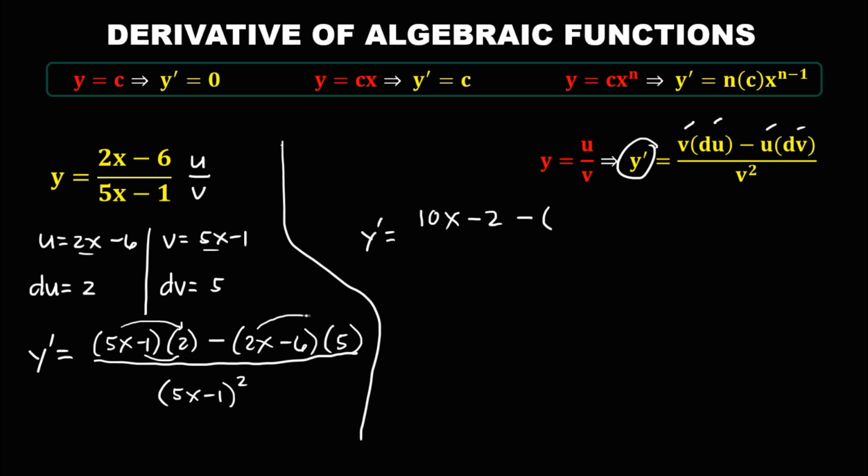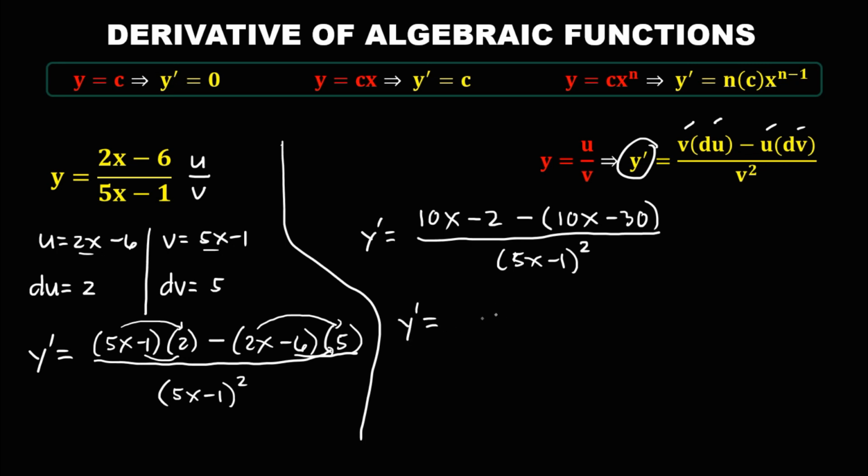Then multiply this 2x times 5, that's positive 10x. And negative 6 times 5, that's negative 30. Then over 5x minus 1 to the power 2.